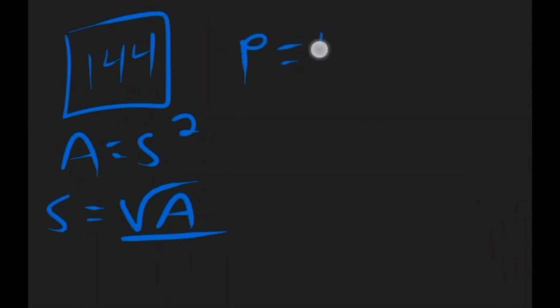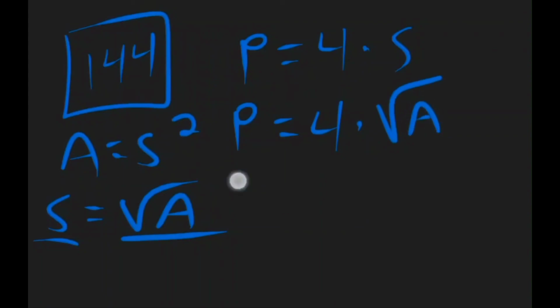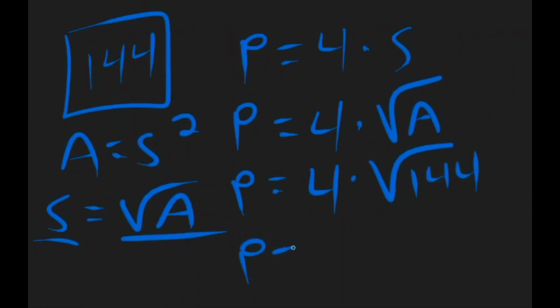So the perimeter equals 4 times the side, which we show down here is equivalent to the square root of the area. So the perimeter equals 4 times the square root of the area. Perimeter equals 4 times the square root of 144. Perimeter equals 4 times 12. In this case, perimeter of this square is 48.